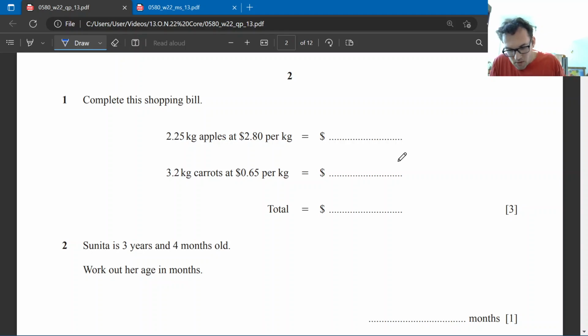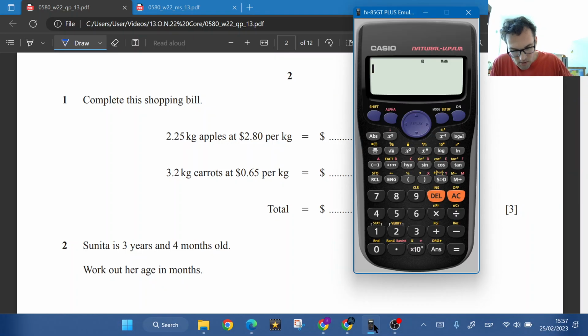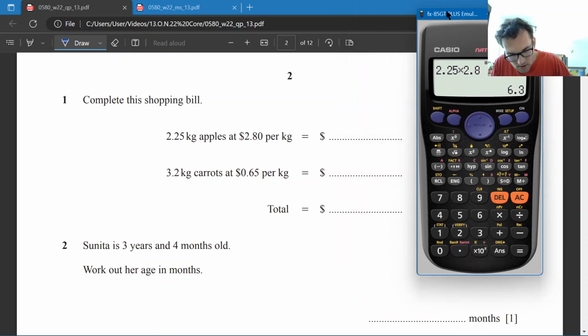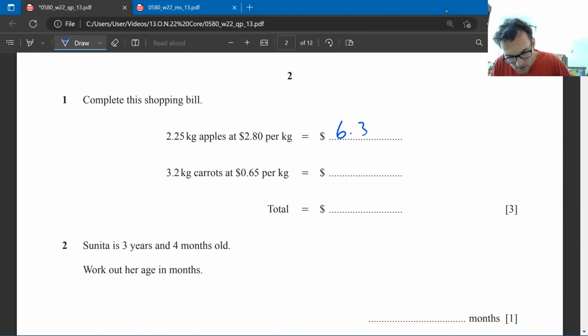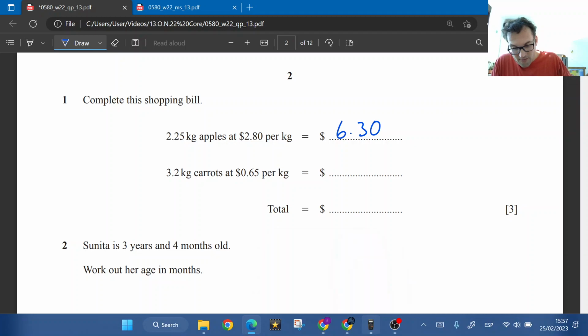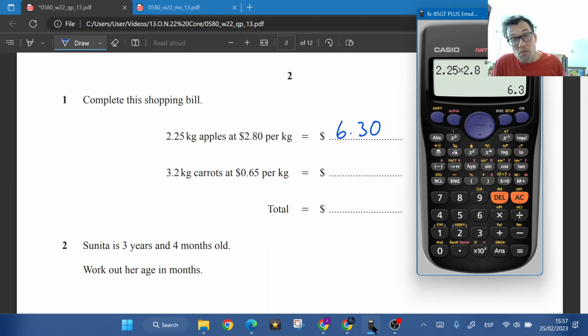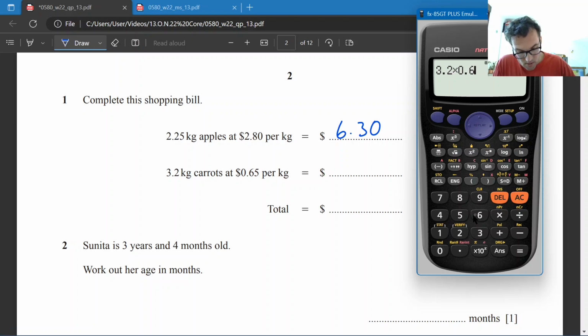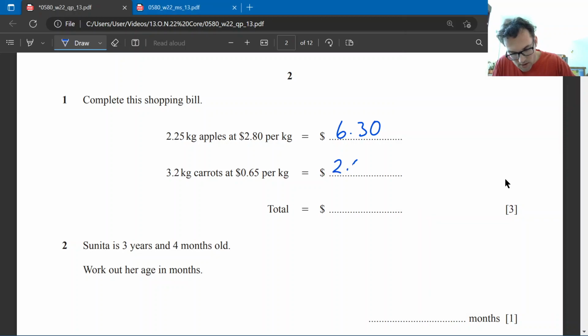2.25 kilograms of apples at 280 per kilogram, so that's a simple multiplication. $6.30 it is. 3.2 kilograms of carrots at 65 cents per kilogram. Again, a simple multiplication we need to do there, which gives us $2.08.